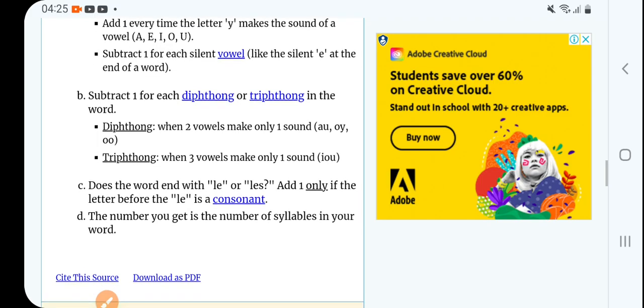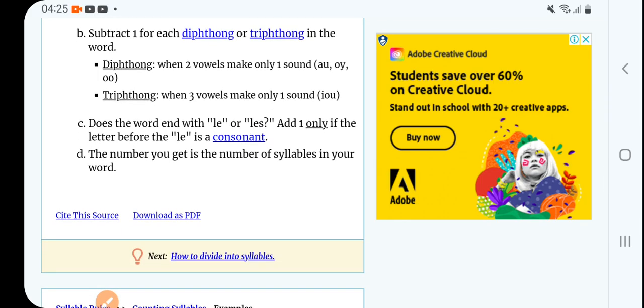Then subtract one for each diphthong or triphthong in the word.